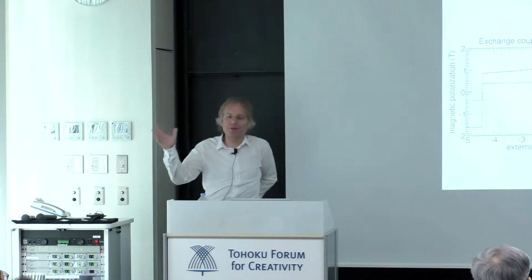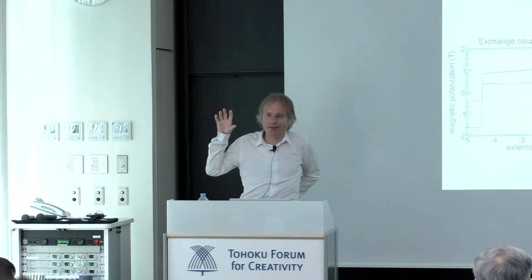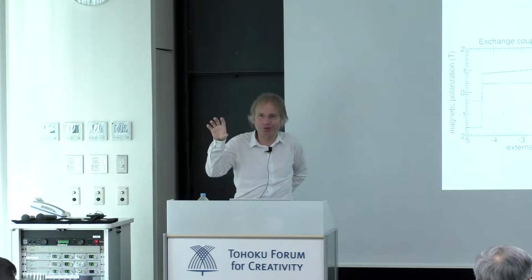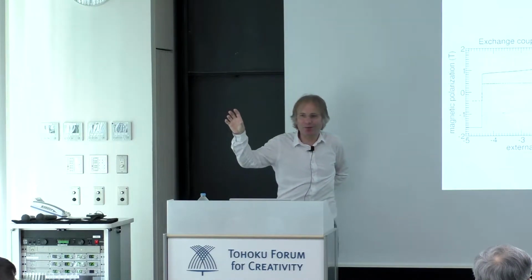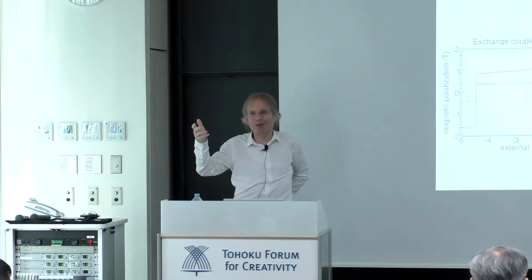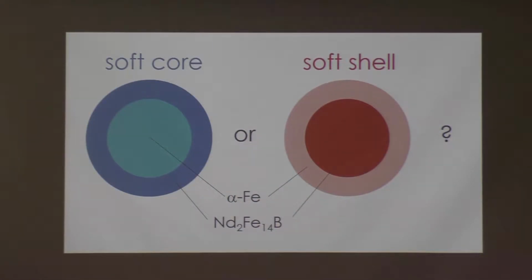So far, we looked at core shell particles where the soft magnetic phase was inside, so the core was soft and the shell was hard. You could wonder, okay, can we do it the other way around? We can use a hard magnetic core and a soft magnetic shell.